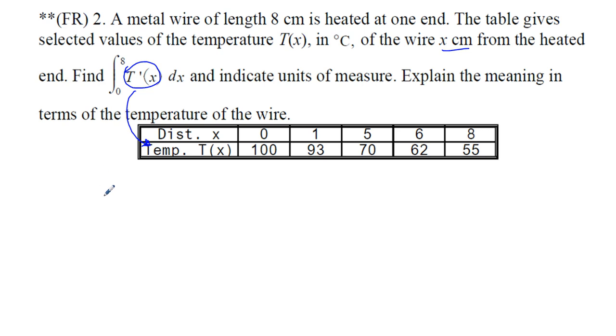So we will say integral from 0 to 8 of T prime of x dx is equal to this value right here, okay? 55 degrees Celsius. Explain the meaning in terms of the temperature of the wire.